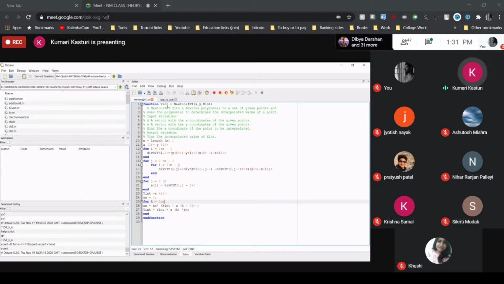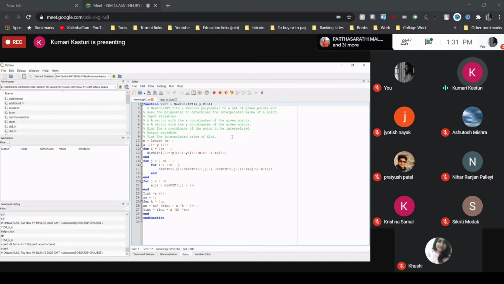Now whenever you call the function, it will automatically call the function file. Now this is the function file. Please listen carefully to how we are implementing the code. function y_int, your output argument, equal to the function name Newtons_int, then x, y, x_int. Please try to understand because in the assignment questions you have to make some modifications, as we did in the Lagrange.